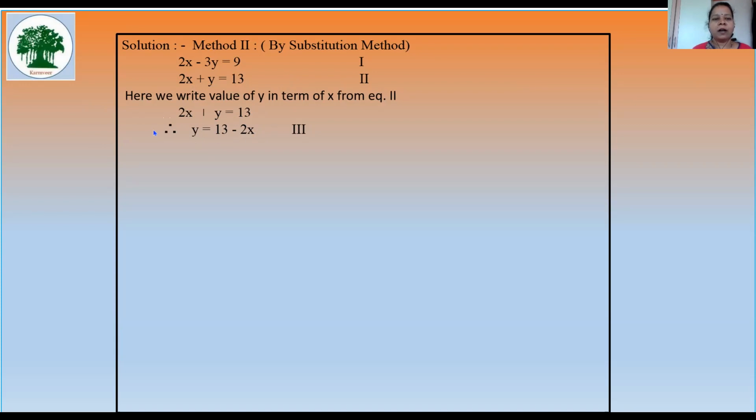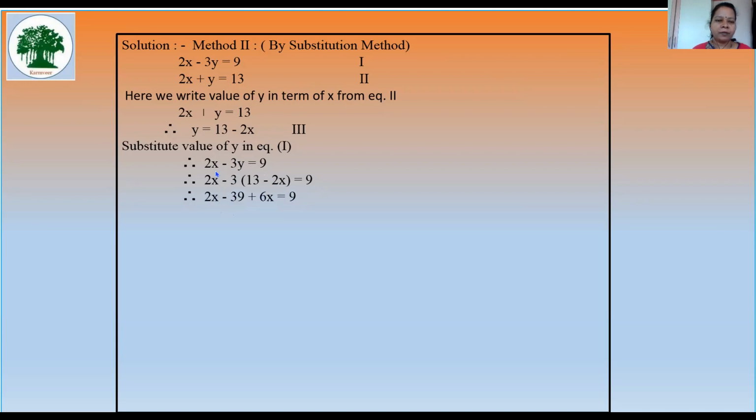This is how we write y in terms of x. We rename this as the third equation. Now we substitute the value of y in the first equation, 2x minus 3y is equal to 9. So 2x minus 3 into bracket, we replace y by 13 minus 2x, bracket complete, is equal to 9.